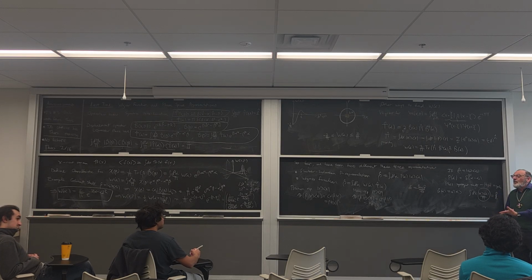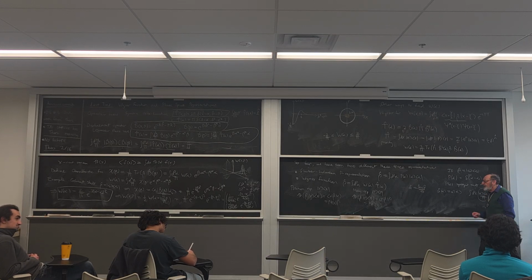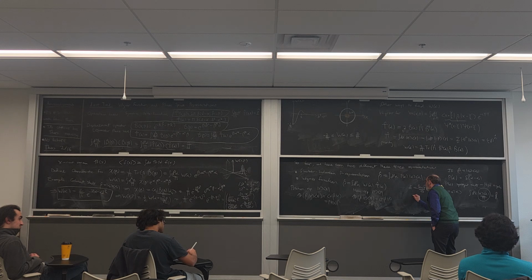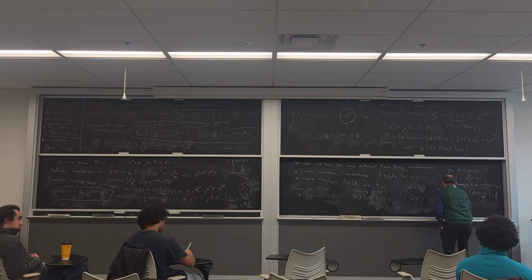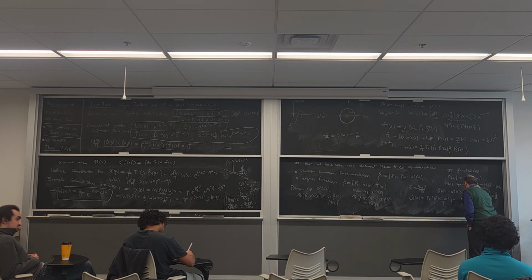I can think about a probability distribution relative to these projectors, normalize it this way, and define a probability distribution that I'm going to call Q, and this is for a pure state.